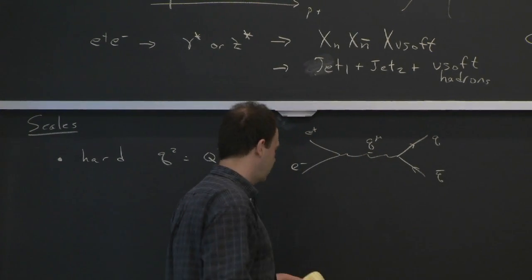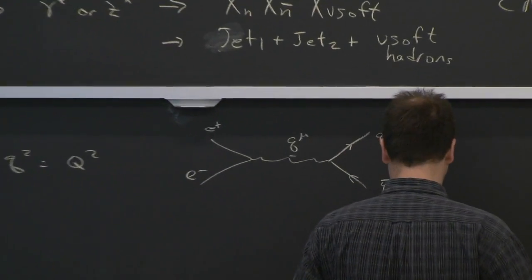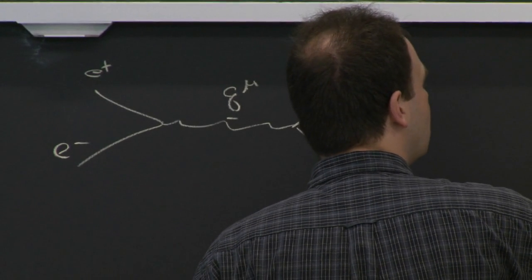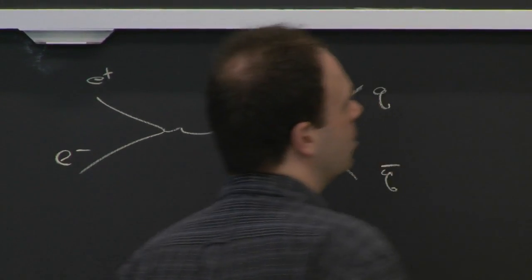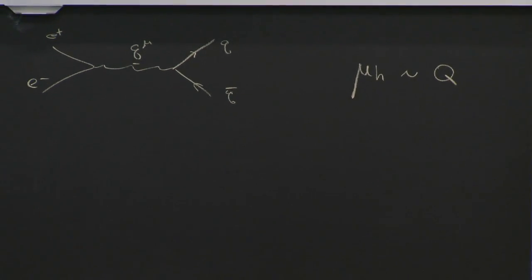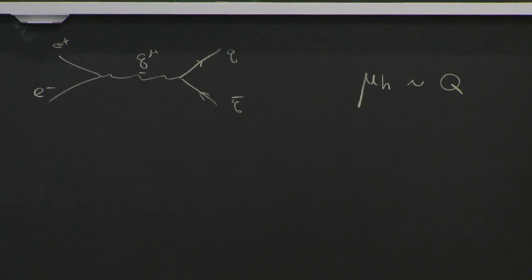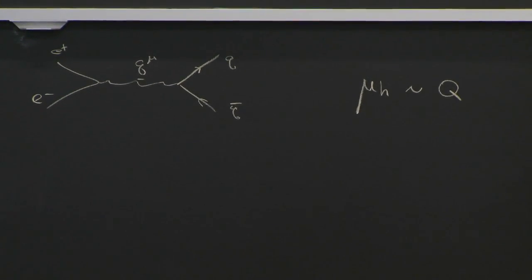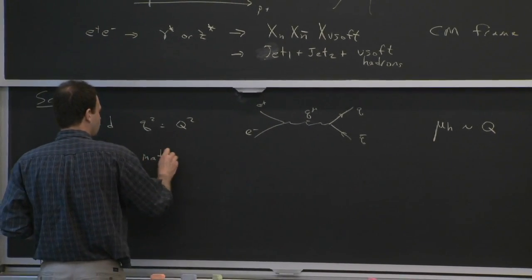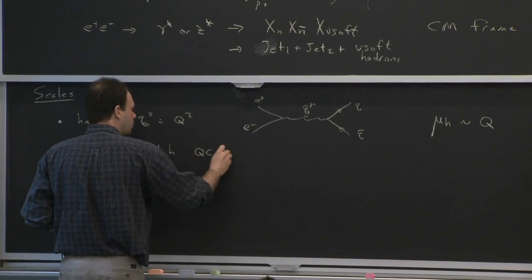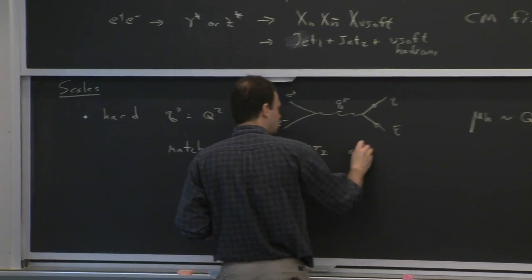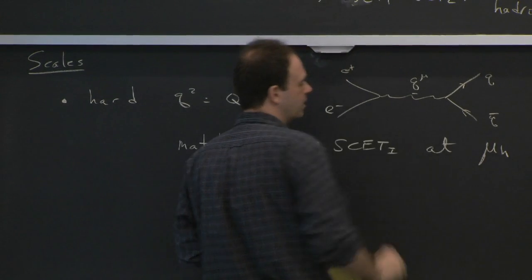But the hard scale is set by the virtual photon or Z. So there's going to be some scale associated to that hard scale Q. If you want to think about it as a renormalization scale, there'll be some scale where we want to match from QCD onto SCET, and that's going to be the hard scale. So I'll call that scale mu h.